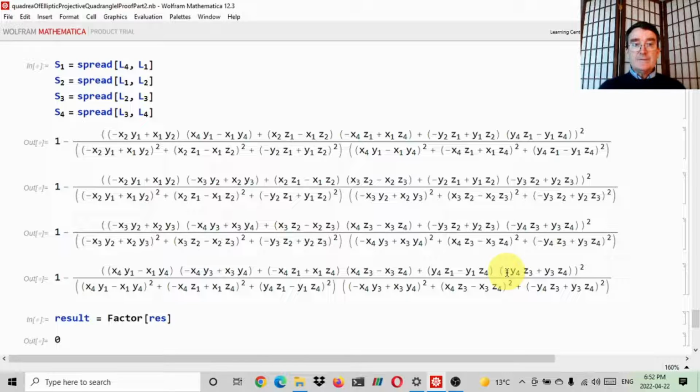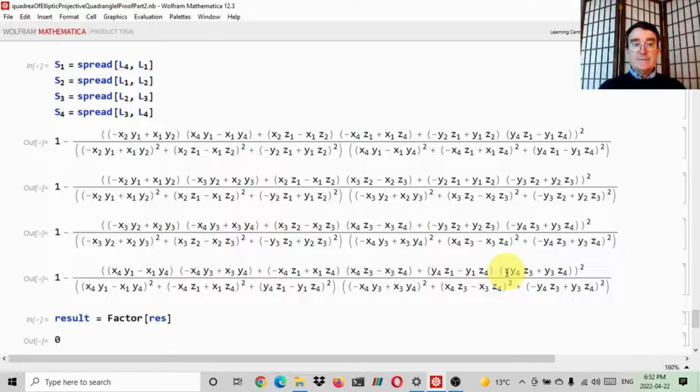And next, we're just going to call Factor on our result, RES, to give us a result. So back up here, RES was the long expression. It was the left-hand side minus the right-hand side.